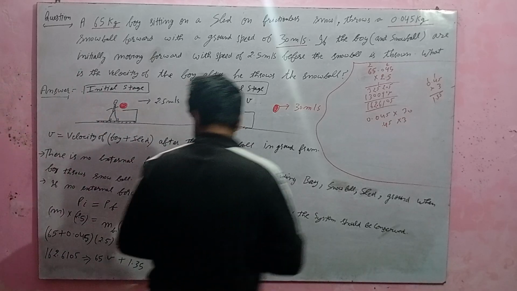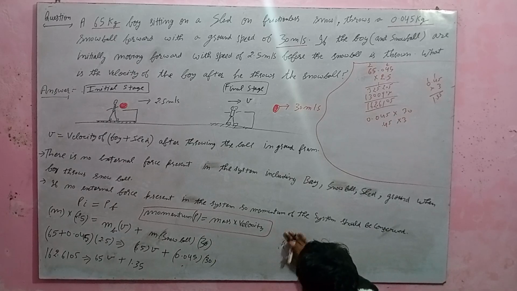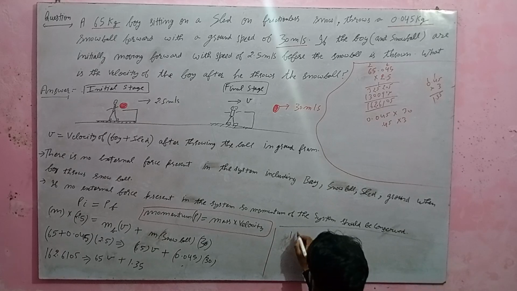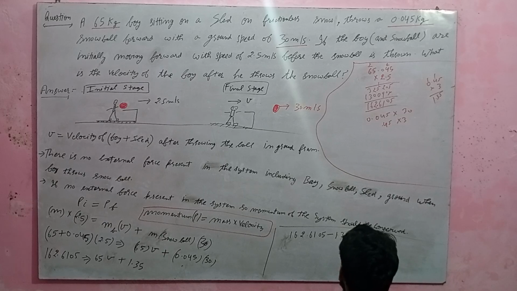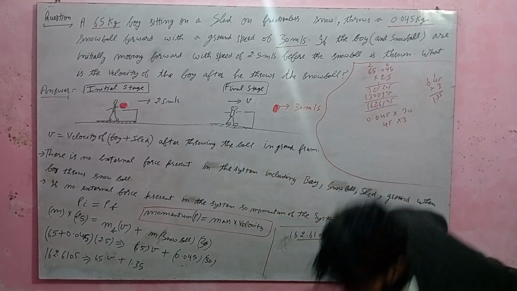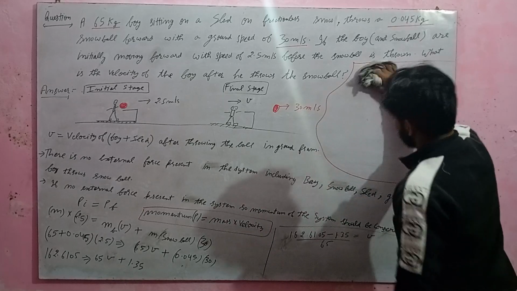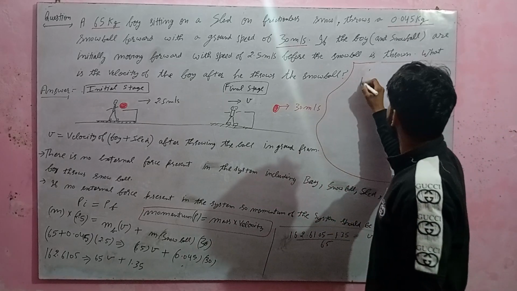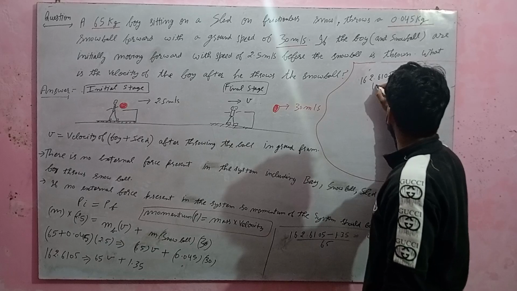See here, after calculating this, we can write 162.6105 minus 1.35 equals v divided by 65. Let's solve these numerical values: 162.6105 minus 1.3500.